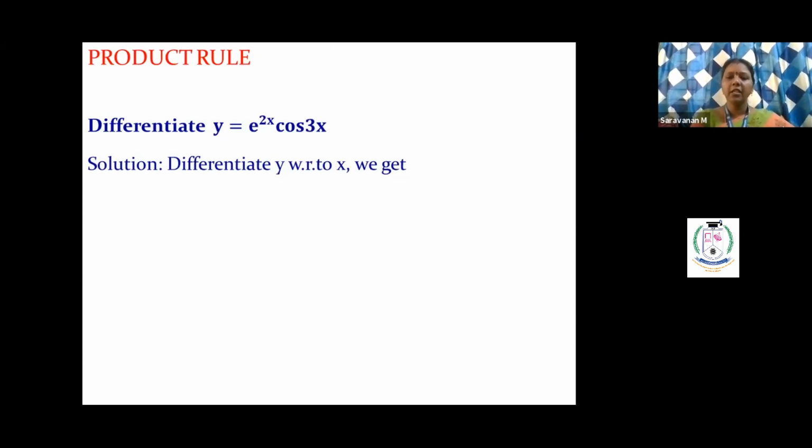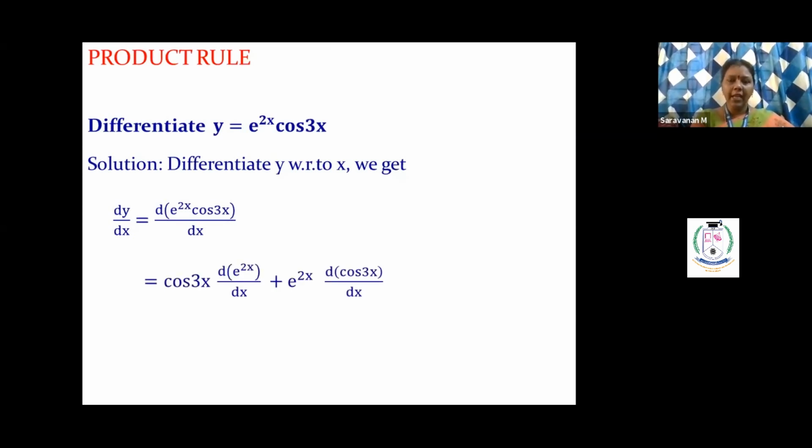So what will you get? We'll get dy/dx is equal to d/dx of e power 2x into cos 3x. So which rule we have to apply? Product rule. Product rule is u into dv/dx plus v into du/dx.